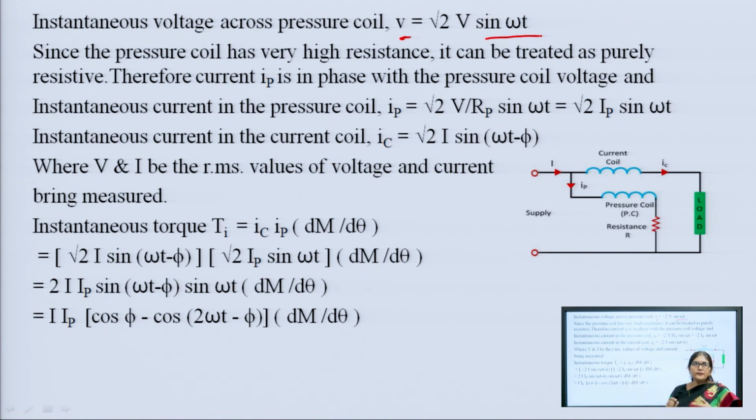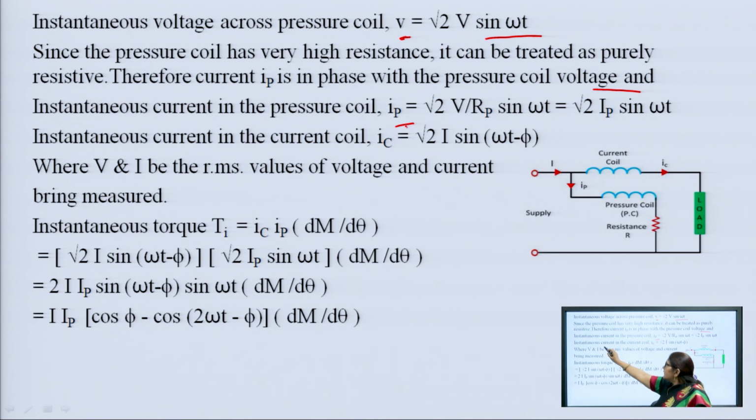Now, since the pressure coil is made very high resistive, we can treat it as pure resistance. Therefore, the current IP through the pressure coil is in phase with the pressure coil voltage, and the instantaneous current in the pressure coil IP is equal to root 2 V by RP sin omega t.